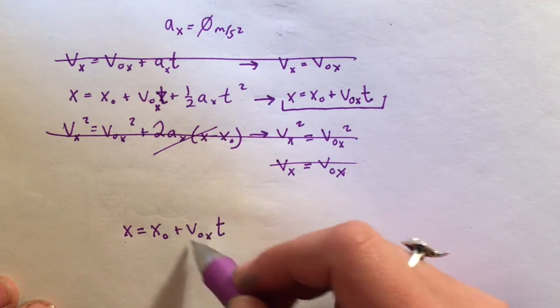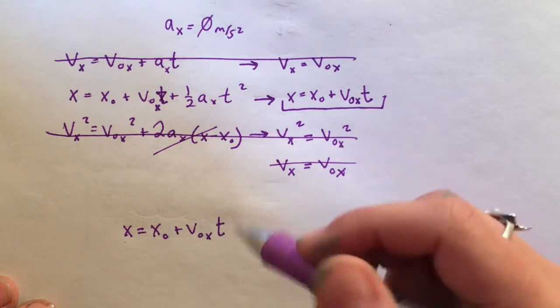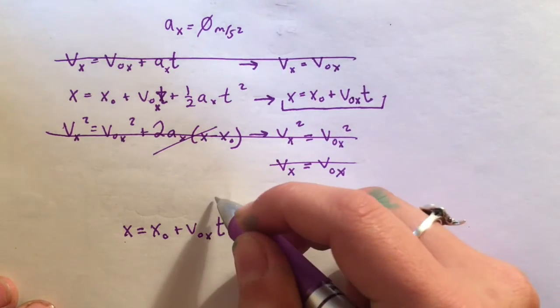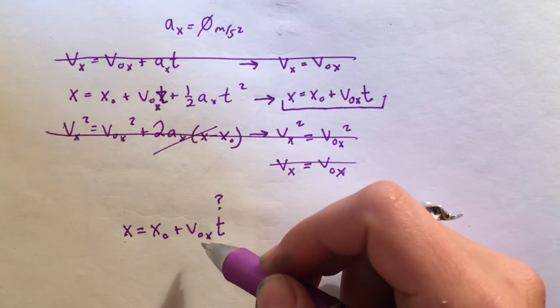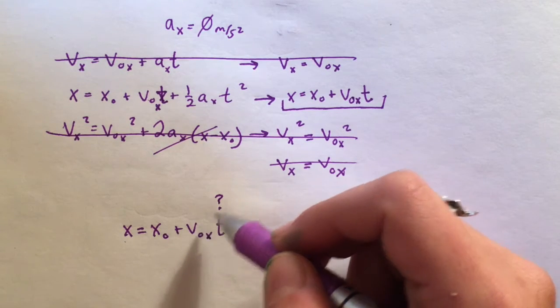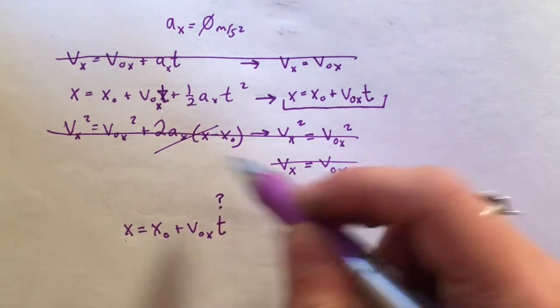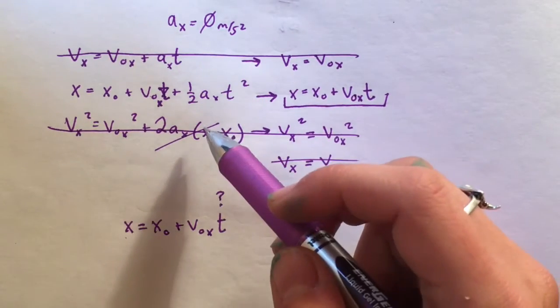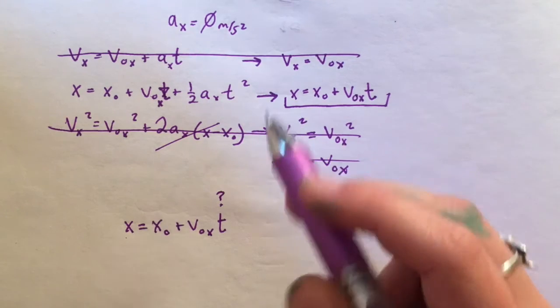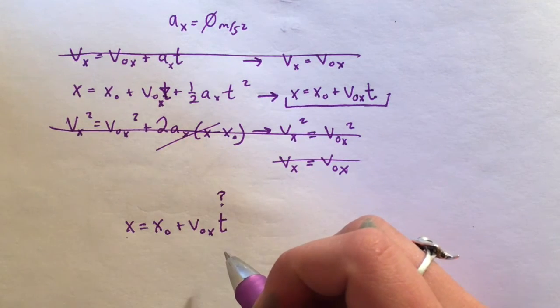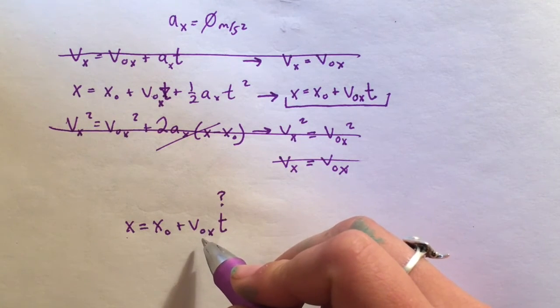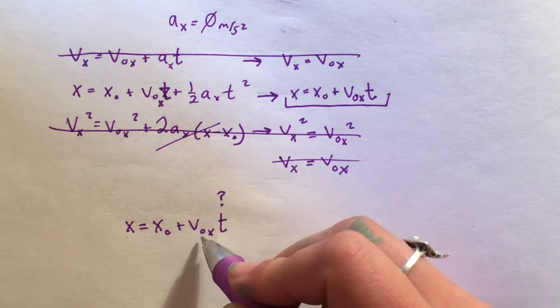I'm looking for v naught x, that's my target, but I don't know the time. Can I solve for the initial horizontal speed if I don't know the time? Well, no, because I'm forced to use this equation. The other ones won't help me solve anything. So I have to use this equation, but v naught x is my target. That's what I'm looking for.